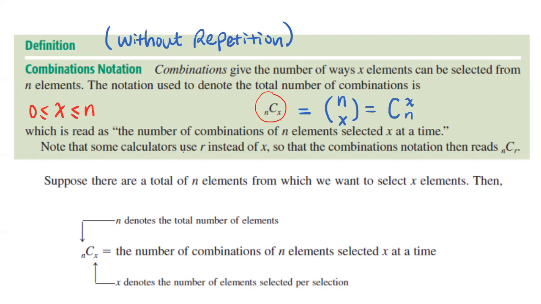Note that some calculators use R instead of X. That means some calculators may write the symbol as CNR, or brackets NR, or CNR. They are the same thing. If it uses the letter R instead of X, it is read as the number of combinations of n elements selected R at a time. Any questions?